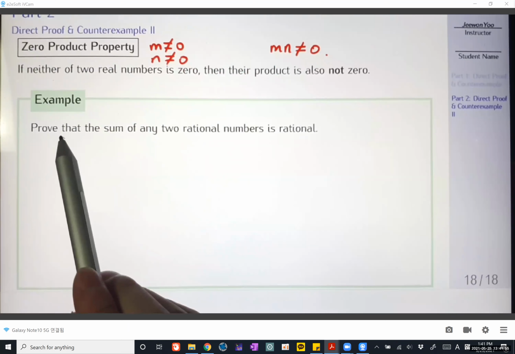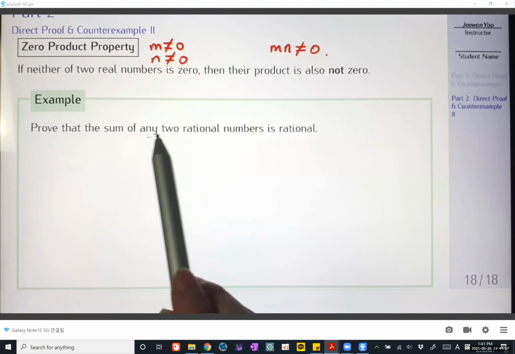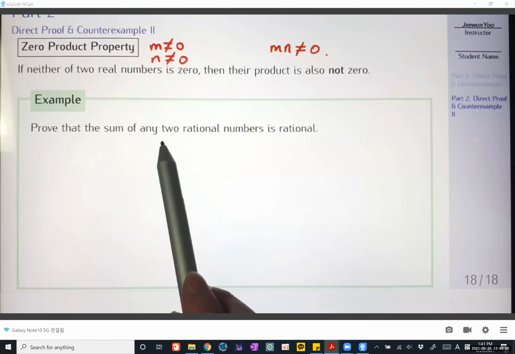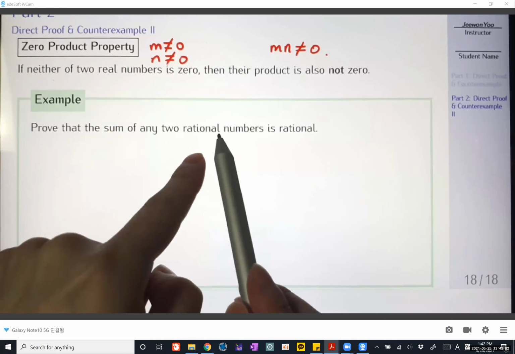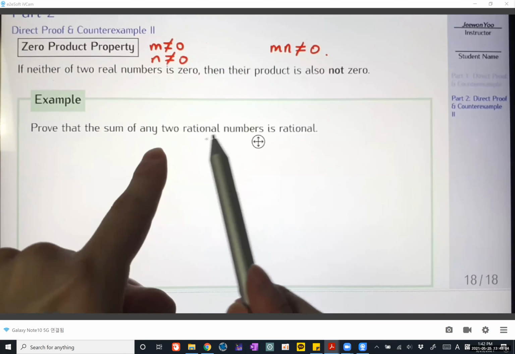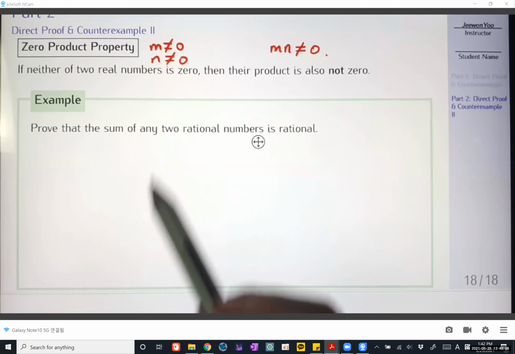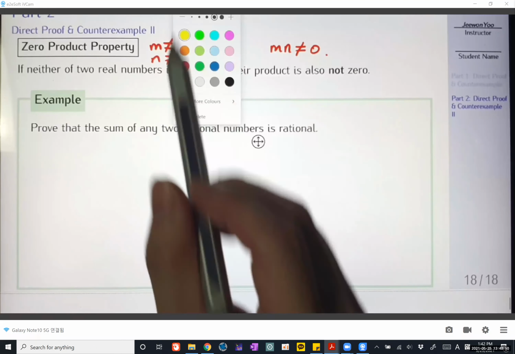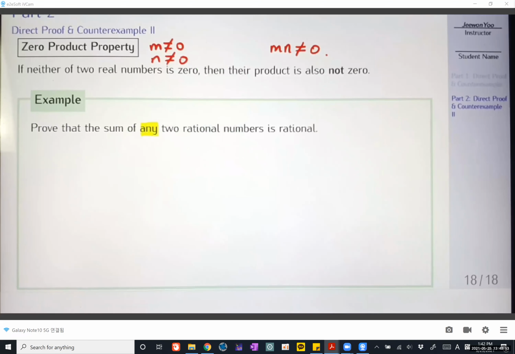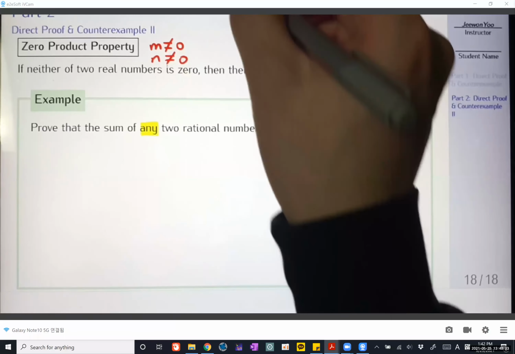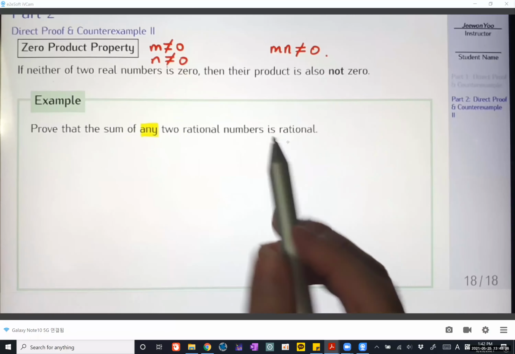The statement: prove that the sum of any two rational numbers is rational. Whenever you hear the word any instead of some, then it's a good indication of a universal statement. Right, Carol? It's a universal statement. So let me change this statement into formal language.